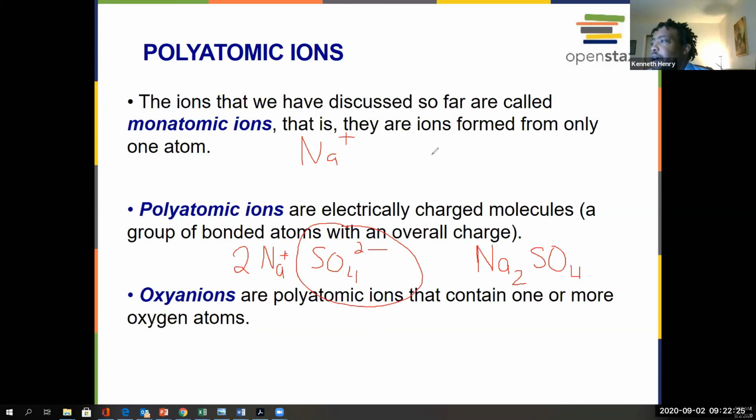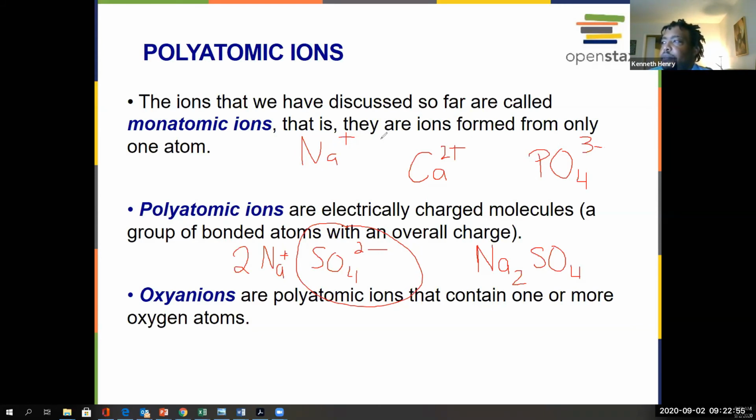So let's say we have calcium, and I have another polyatomic ion called phosphate. Phosphate has a -3 charge.